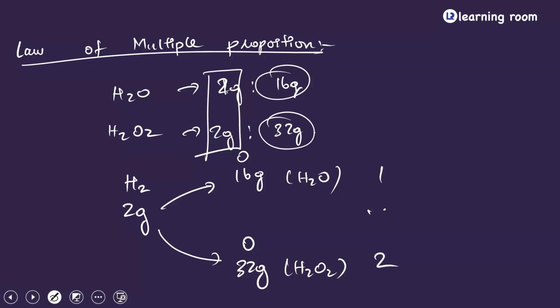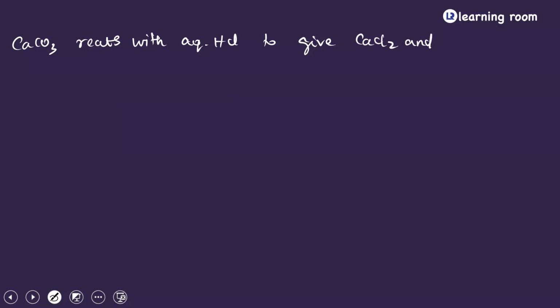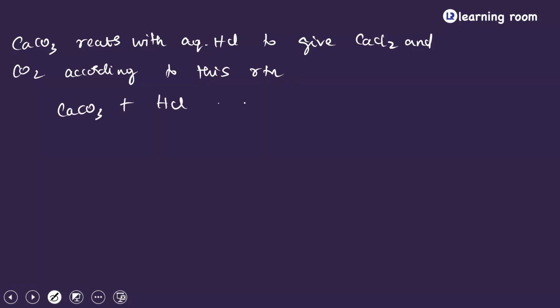Okay, note down this question. Calcium carbonate reacts with aqueous HCl to give calcium chloride and carbon dioxide according to this reaction: CaCO3 plus HCl gives CaCl2 plus H2 plus CO2.